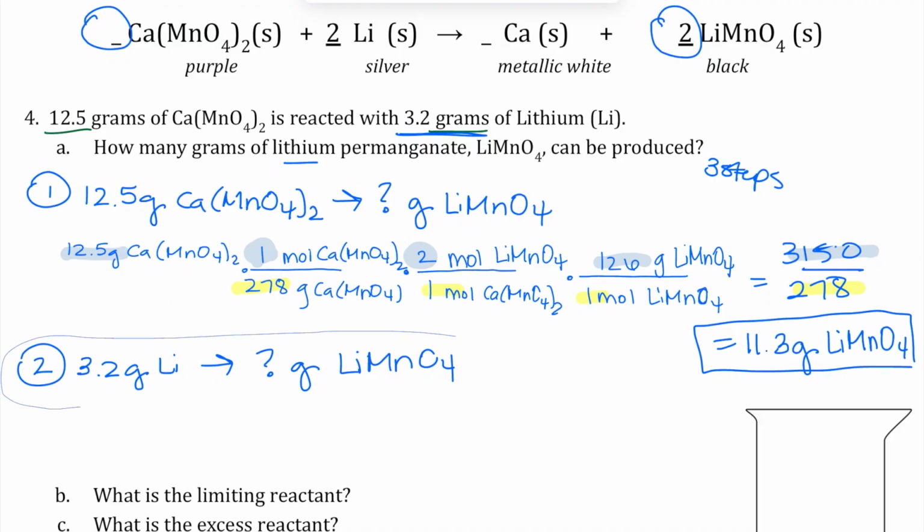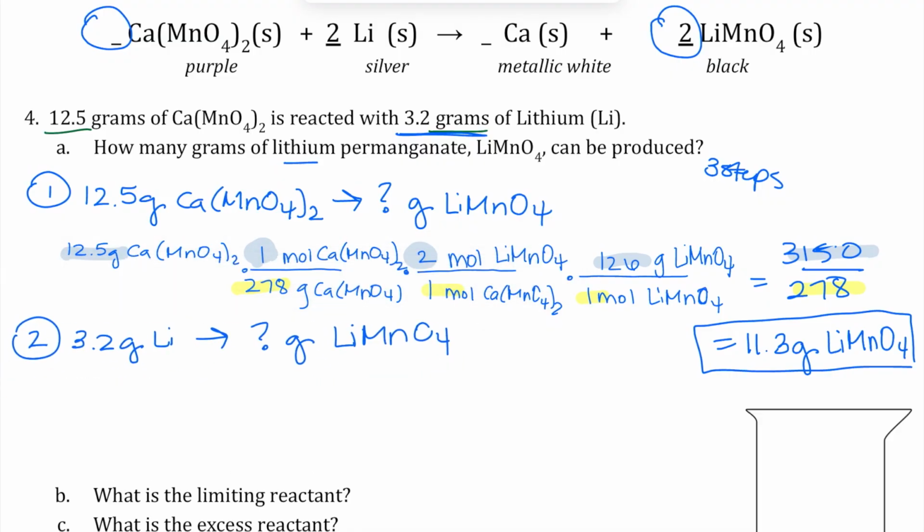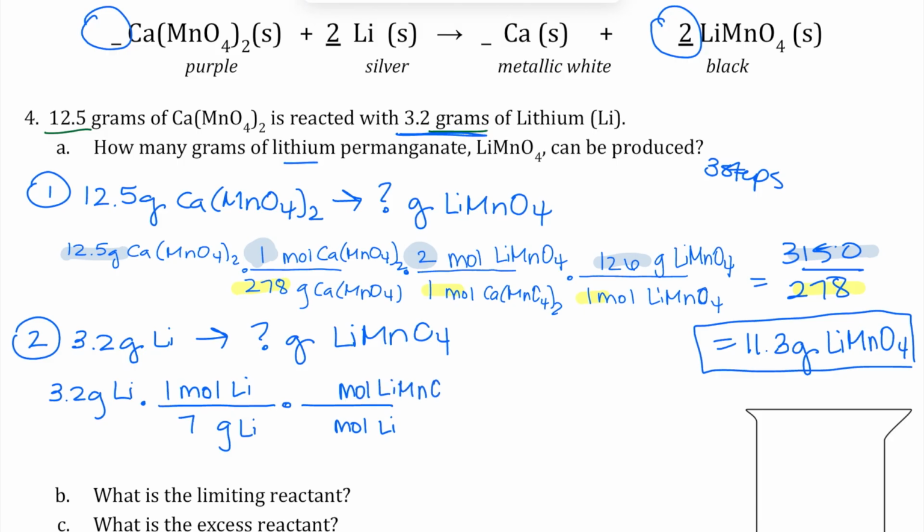Feel free to pause the video and try number 2, the second calculation for this problem, on your own. I've got 3.2 grams of lithium. I need to go from grams of lithium to moles of lithium, and 1 mole is molar mass. Lithium has a molar mass of 7 times. Now we're going moles of lithium to moles of lithium permanganate.